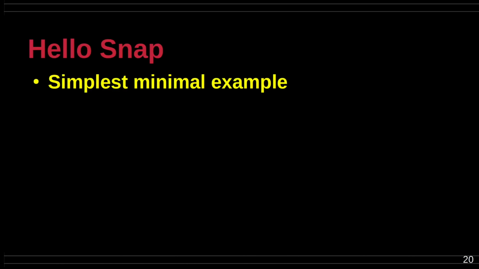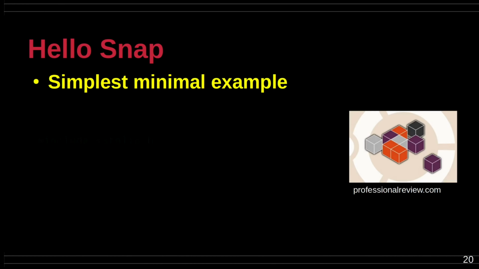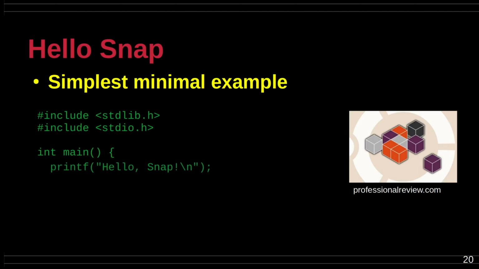This example is a demonstration of a simple program in the C language. It is commonly referred to as the Hello World program. In this example, when the snap is run, it displays the string Hello Snap in the console terminal window.